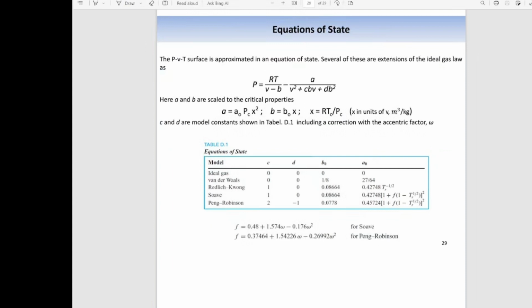Okay, equations of state. The idea of the gas law is an approximation.